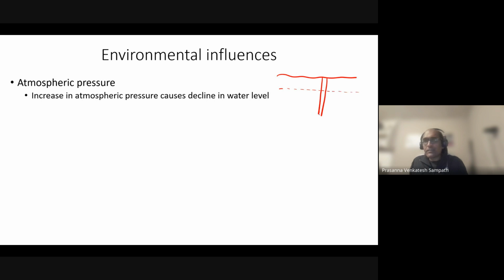Let us say this is my unconfined aquifer, and I have some water table, and it's measuring the water table at this particular point. Suppose there's a rainfall event that happens here.